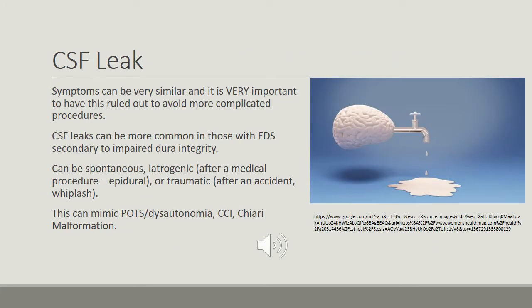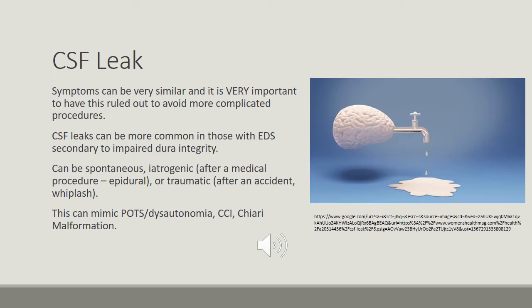So the next few slides are going to cover CSF leaks. The reason is that symptoms can be so very similar, and it's very important to have this ruled out to avoid more complicated procedures. CSF leaks can be more common in those with EDS, secondary to impaired dura integrity.